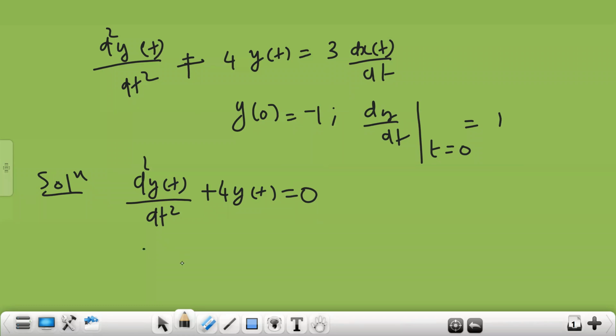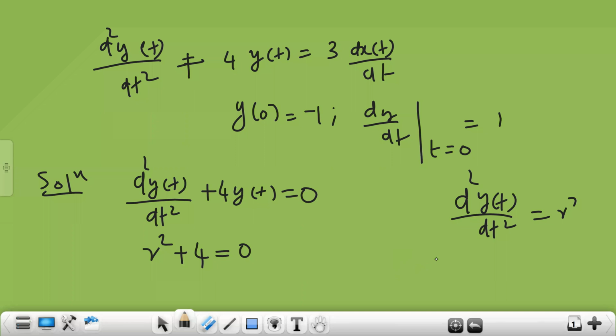R square plus 4 equal to 0, not 4R. If you are putting the second derivative, then it will be R square. For the first derivative, you will put R. If there is no derivative, you will put 1. This is the way of writing the characteristic equation.